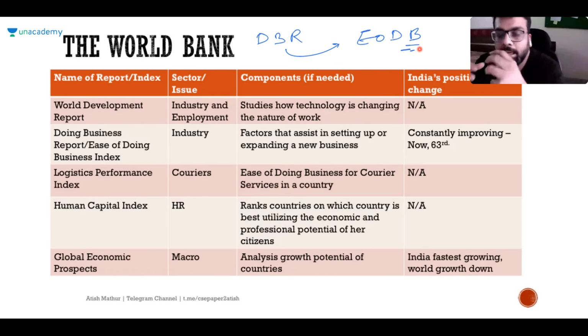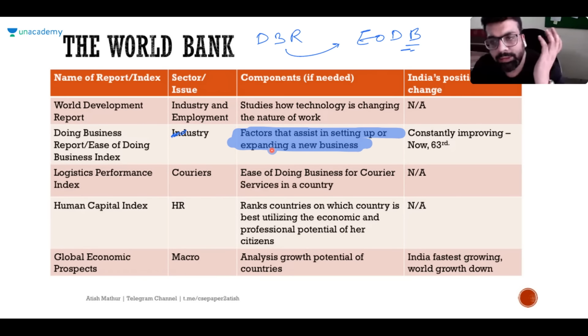And this is largely about creating more development because businesses create development. And the World Bank is largely a welfare development kind of organization which wants countries to become better. So that is why the Ease of Doing Business Index is drafted by the World Bank. And the index, again, obviously is also drafted by the World Bank. It's an industry related report, and it essentially looks at factors that assist in setting up or expanding a new business. That's it.